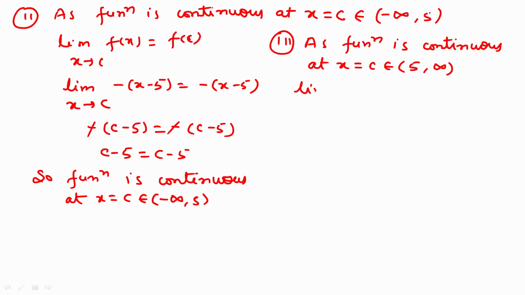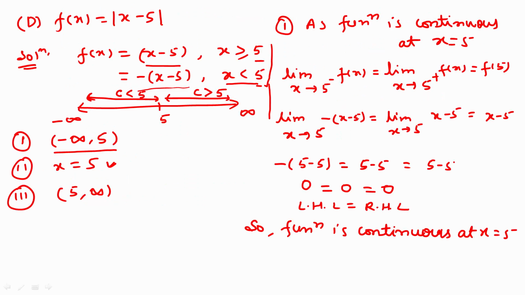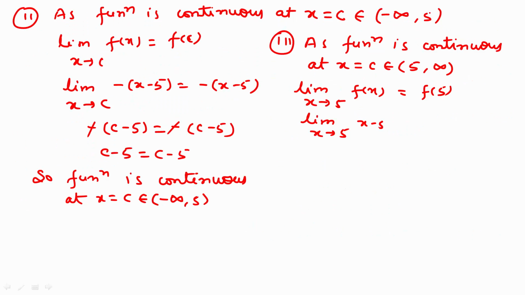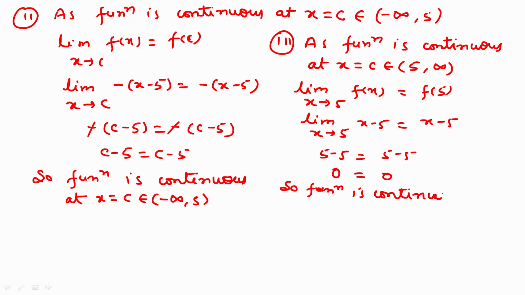So limit x tends to 5, f(x) is equal to f of 5. The function will be x minus 5, x minus 5 is equal to x minus 5. On taking the limit, 5 minus 5 is equal to 5 minus 5. This will be equal to 0, 0 is equal to 0. So the function is continuous at x is equal to c belongs to the open interval 5 to infinity.